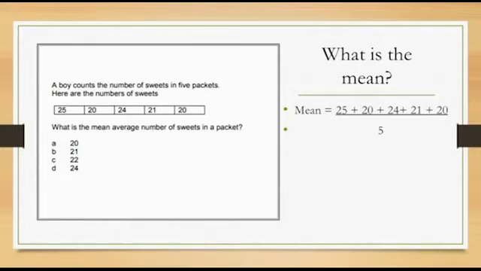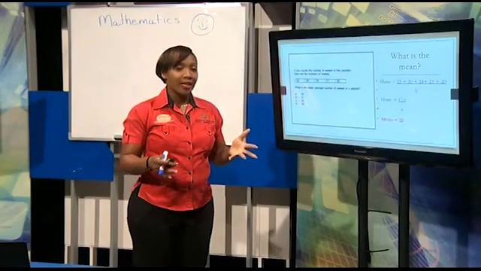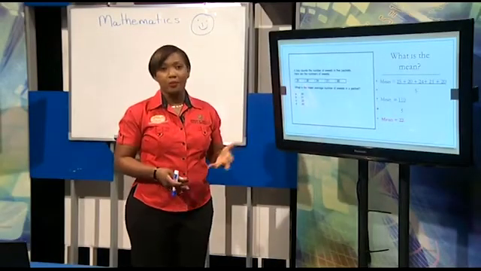If we added all those numbers, we'd have gotten a total of 110. 110 divided by 5, giving us 22. So the mean for this set of data is 22. So you are asked to find the mean average of the number of sweets in a packet. On average, you have 22 sweets per packet.